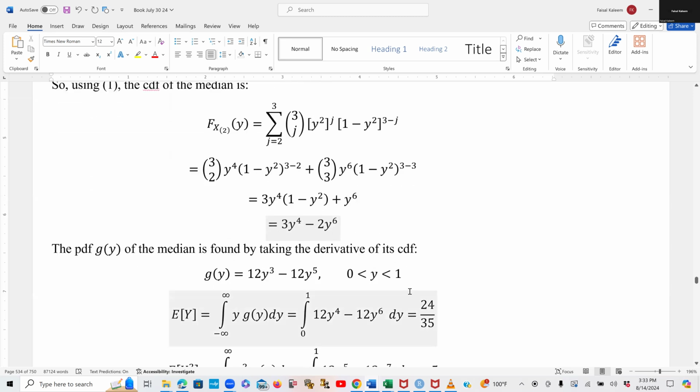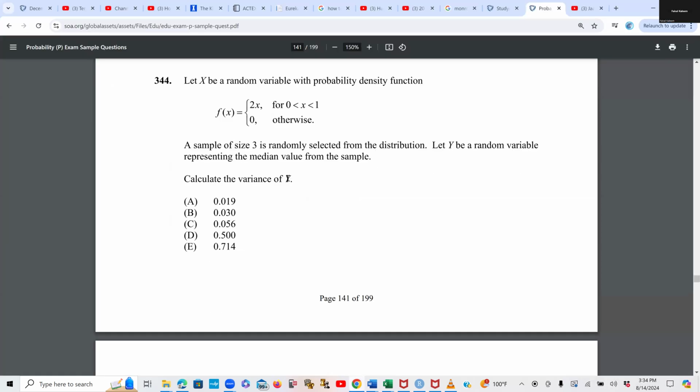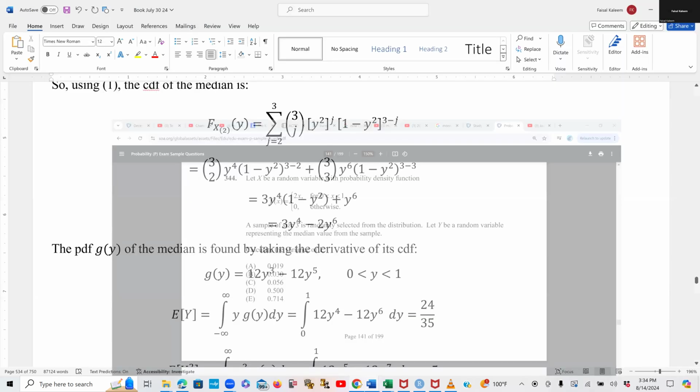The PDF of it would just be the derivative of the CDF. So we take the derivative, which gives 12y cubed minus 12y^5, and y is between 0 and 1 as given in the problem. And E[Y] is the expected value of Y. The question was asking for the variance of Y, and for that we need E[Y] and E[Y squared].